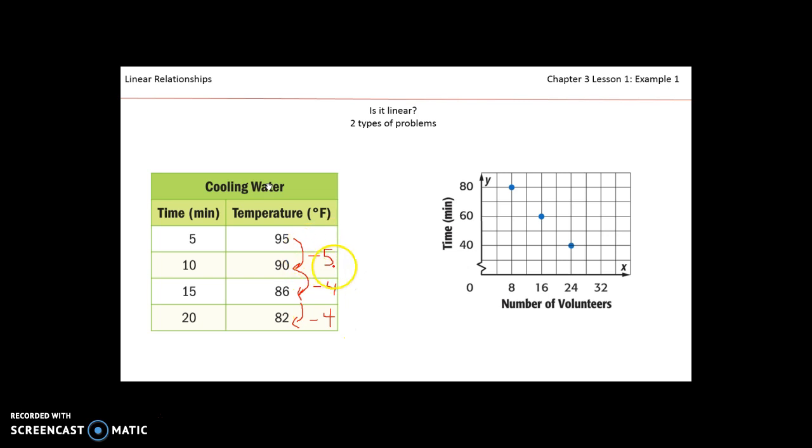So I'm probably going to have to say no here unless these intervals are different, but I can tell right away they're not different. This is an increase of 5, and you can see the rest of the way these are also increases of 5. So because the change in y over change in x is not constant, we go from -5 to -4 to -4, and they're not all the same, then this is not linear.